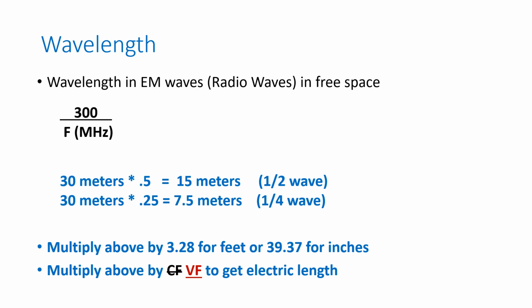The manufacturer will do a test and determine how much slower the currents flow in the coax than electromagnetic waves flow in free space, and they will issue a velocity factor. The coax I just bought has a velocity factor of 0.89, or 89%.